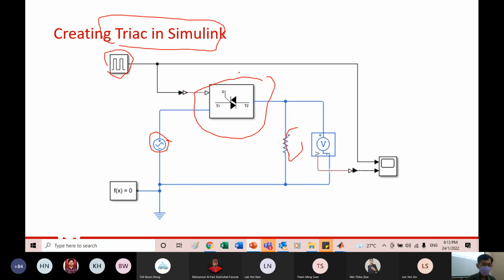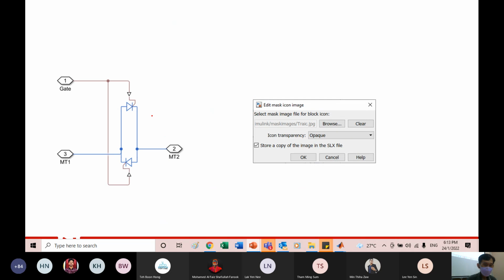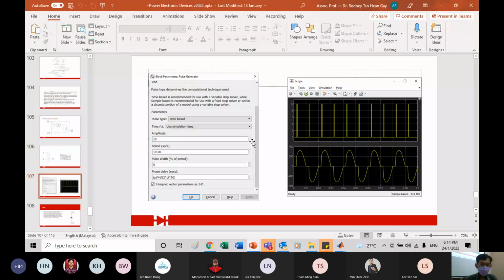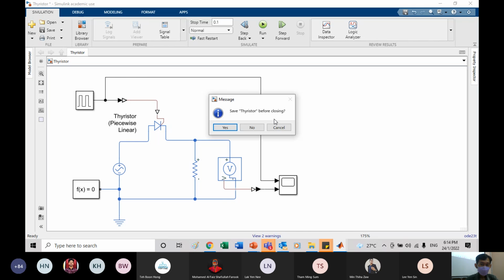So from here, you can see inside, right? It's a small thyristor. Maybe I will show you how it is done.